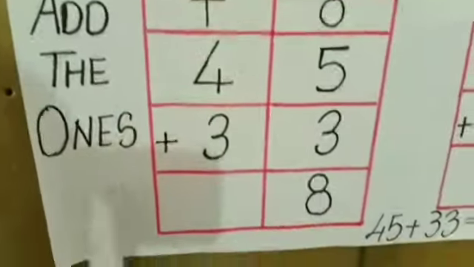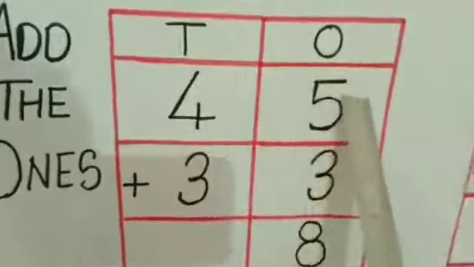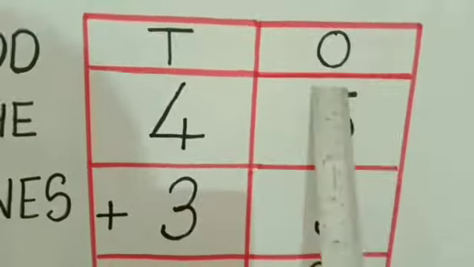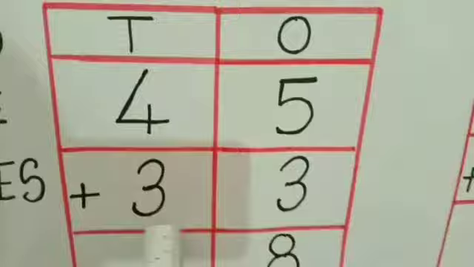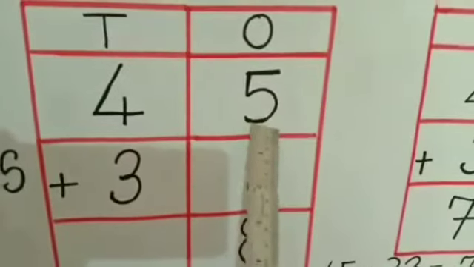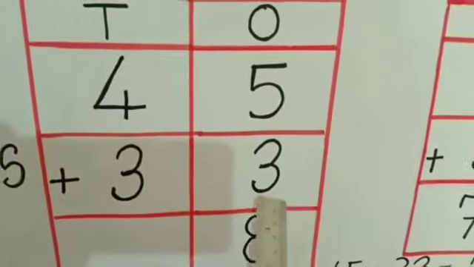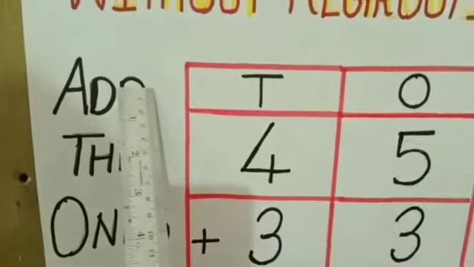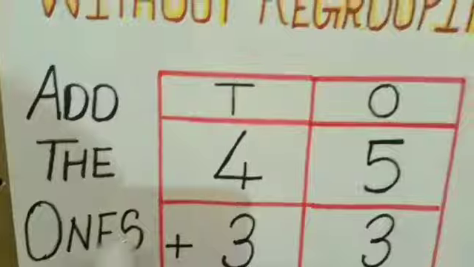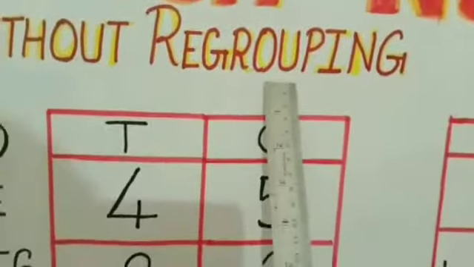First you can see over here in this box that there is tens and this is ones. First we'll add the ones. In the tens place we can see there is 4 and 3, and in the ones place you can see that there is 5 and 3. So here we will first add the ones but without regrouping.